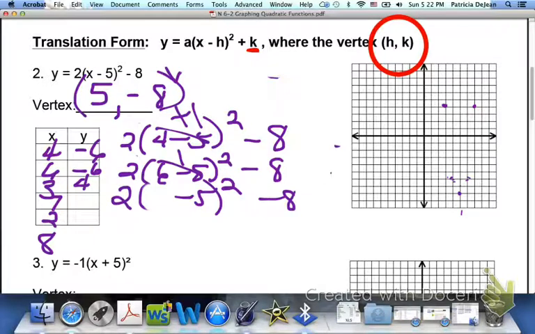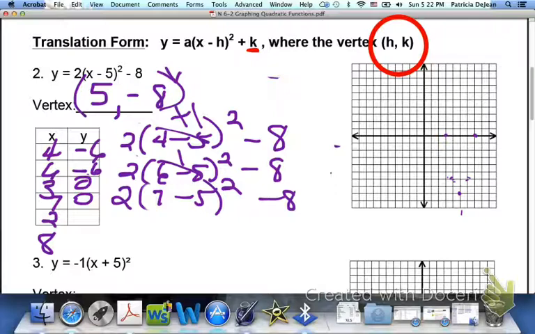I think I was wrong because I put the 2 there instead of a 3. So we'll put 7 minus 5, that's 2 squared. 2 squared times 2 is 8 minus 8, so that should have been 0. This should have been 0, and this should have been 0. So let's move over here. And these are at 0. And we've got to get rid of my mistake.